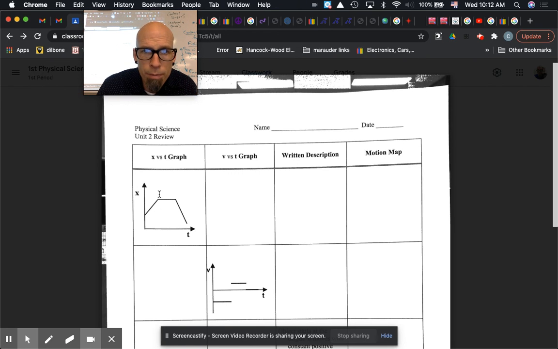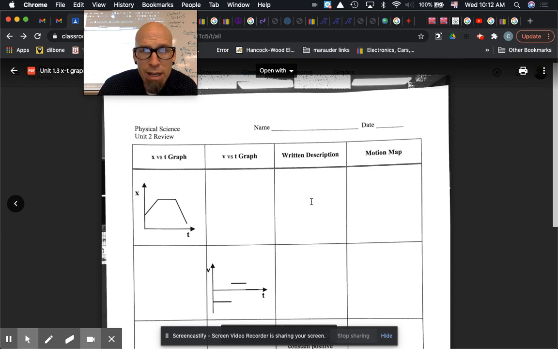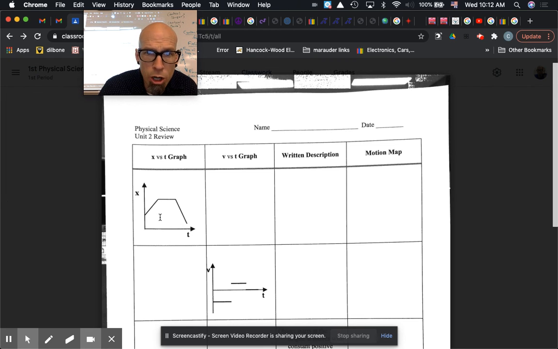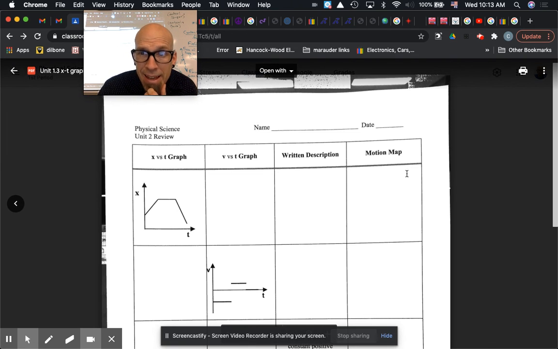So translate this into what a VT graph would look like, and then write a little description of what this object is doing, like where it's starting, what direction it's going, is the velocity constant, those kinds of things. Then sketch a motion map for that motion. So I would say get the top row done.